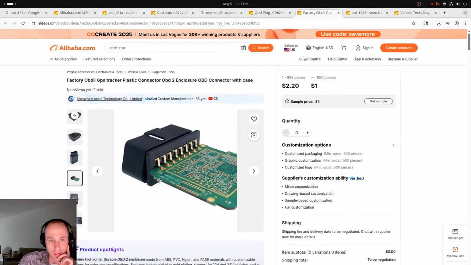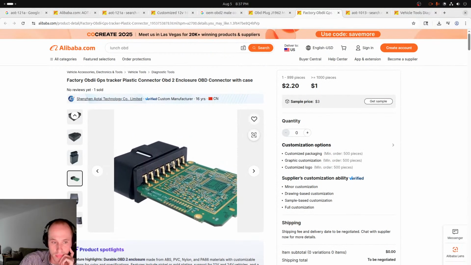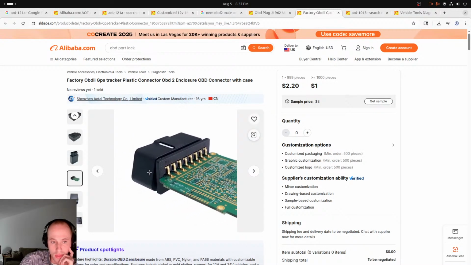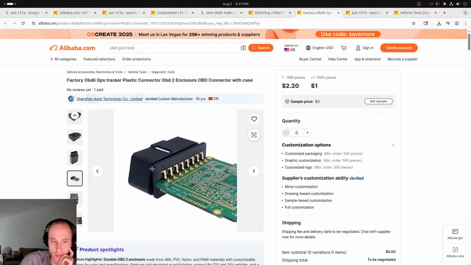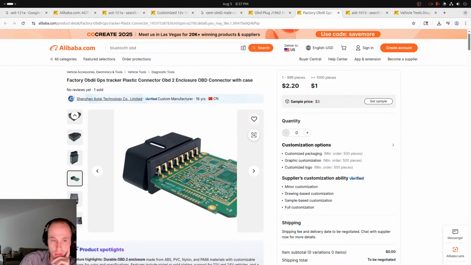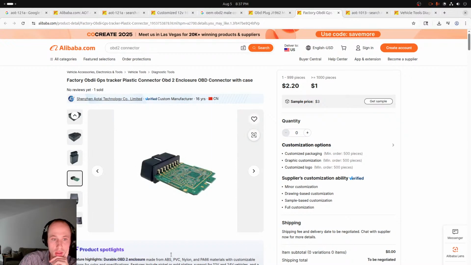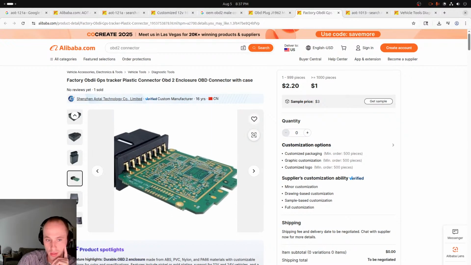Yeah, if we could get this connector, something like this, where it comes on and encloses around a PCB, that would be super ideal.